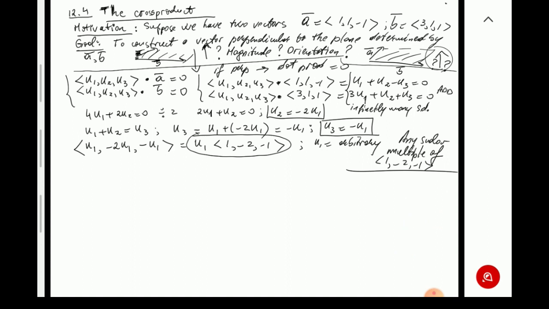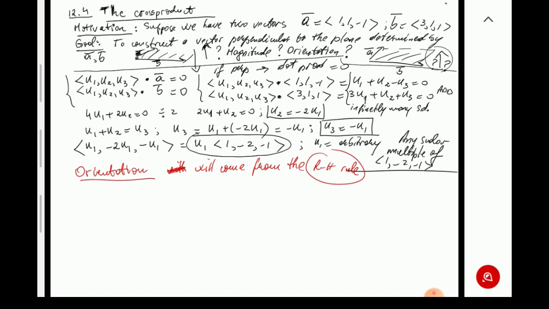So the first remark here, the orientation of this vector will come from the right-hand rule. So let's actually be more specific here, right? Of these multiples of 1, minus 2, minus 1, one of them is going to be designated to be the cross product.